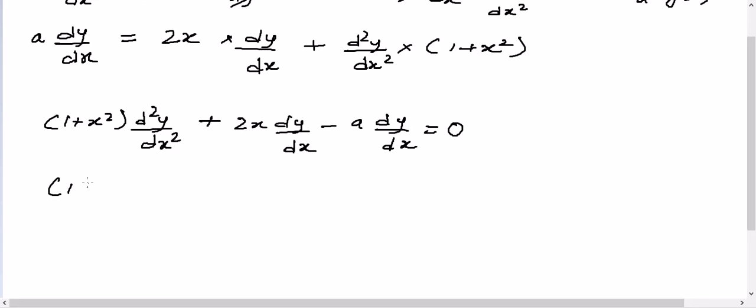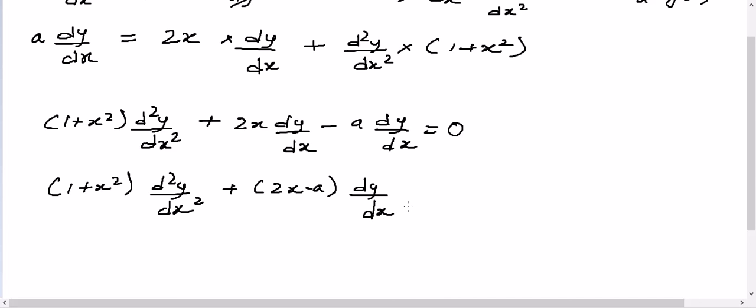So it will be 1 plus x square d square y by dx square plus 2x minus a dy by dx. So guys, this is proved.